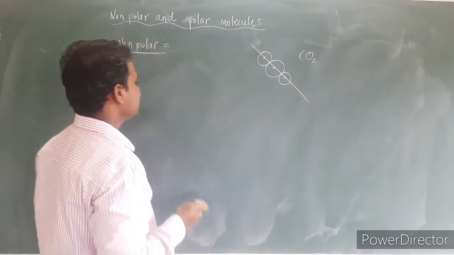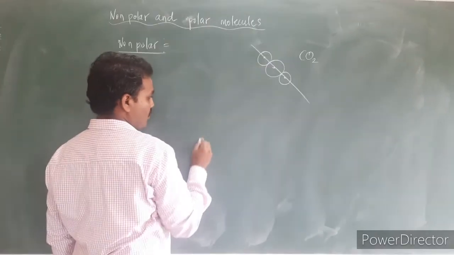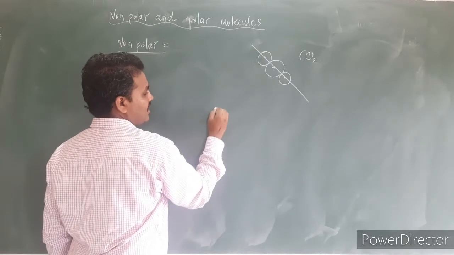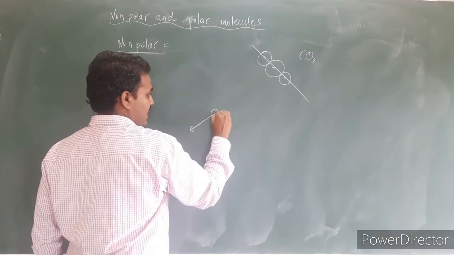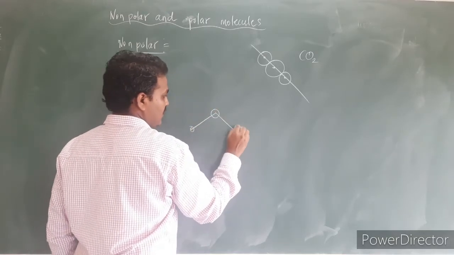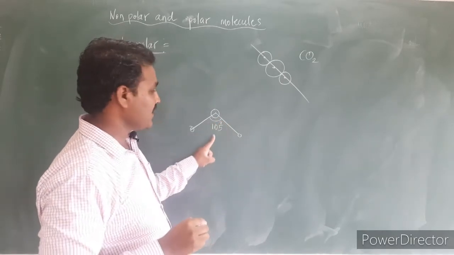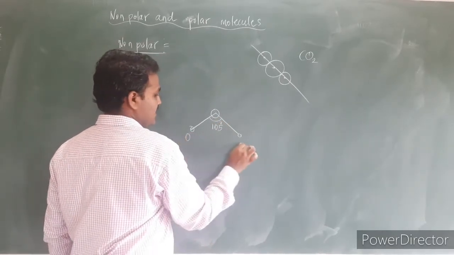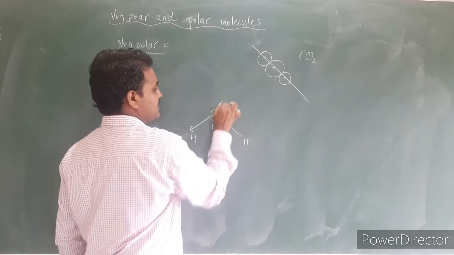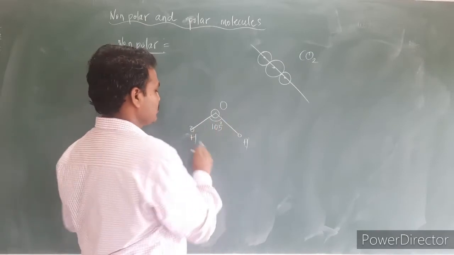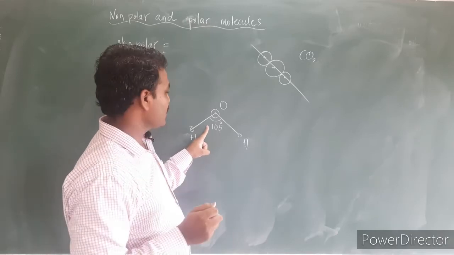But when I consider the example of water, the formula is H2O. In this case, we have an oxygen atom here, a hydrogen atom somewhere here, and another hydrogen atom somewhere here. If we measure the angle between them, it comes out to be 105 degrees. So two hydrogen atoms and one oxygen atom make one H2O, that is one water molecule.